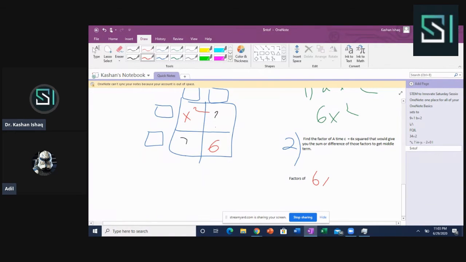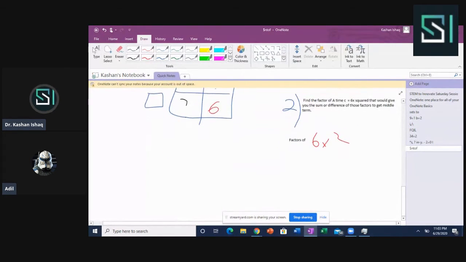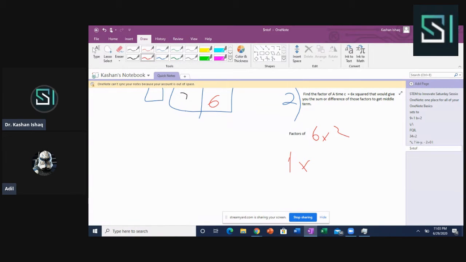I would know that it's starting with 1x times 6x, right? That gives you 6x squared. You can do 2x times 3x, and that would give you 6x squared. And remember, it's a positive you were trying to get, so you don't need to go further.